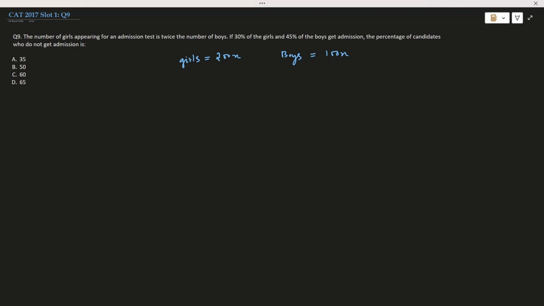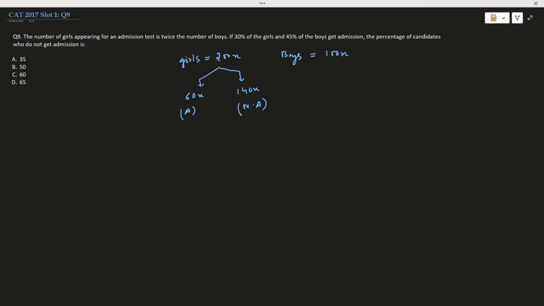Twice of the boys. 30% of the girls means 30% of 100 is 30. So this will be 60x. They got admission. So 140x did not get admission.